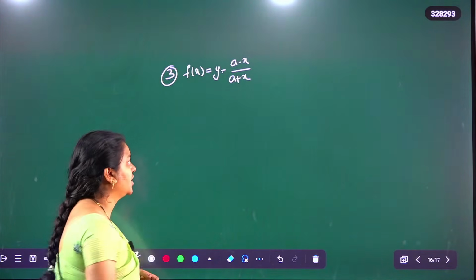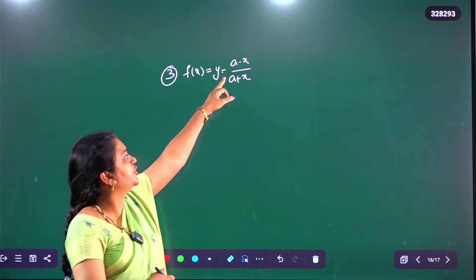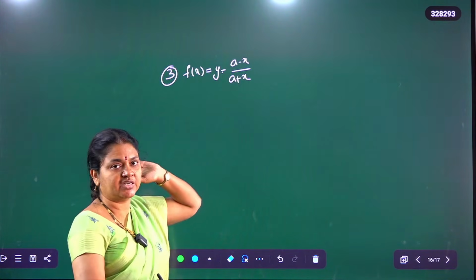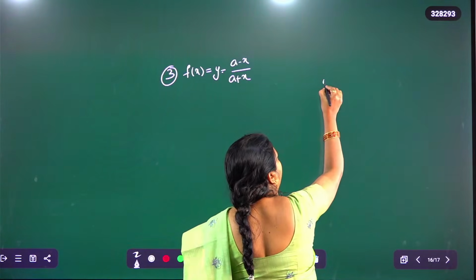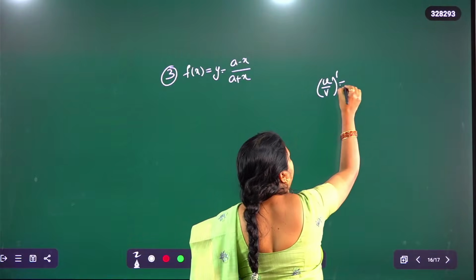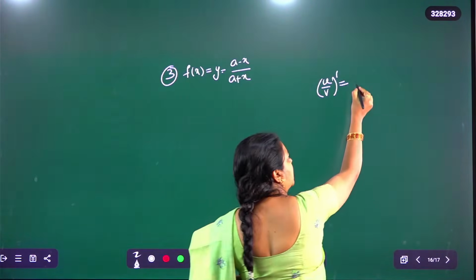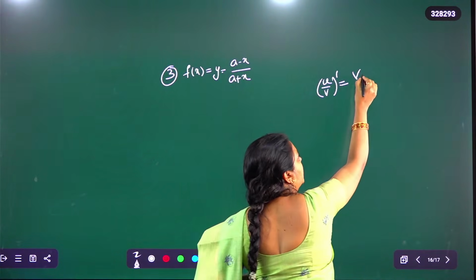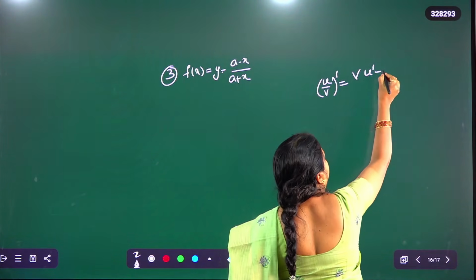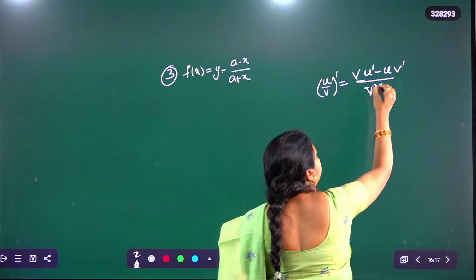Alright, so how will we find the derivative? It is looking like u by v. Some function is in the numerator, some function is in the denominator. What is the u by v derivation? I already told you: v u dash minus u v dash by v square. This is the derivation.